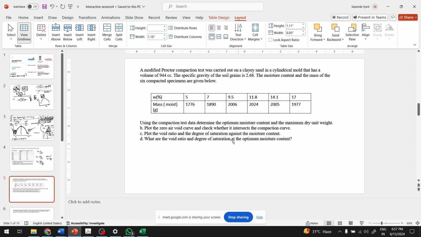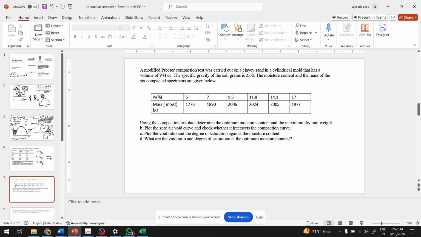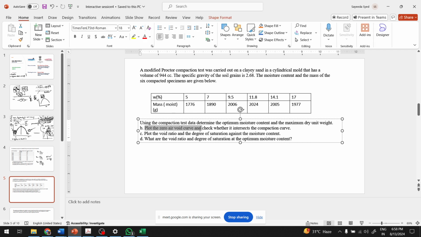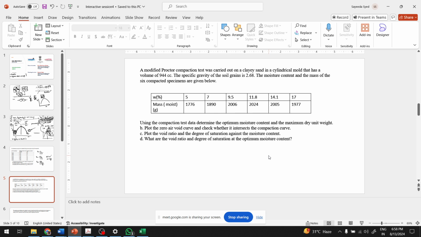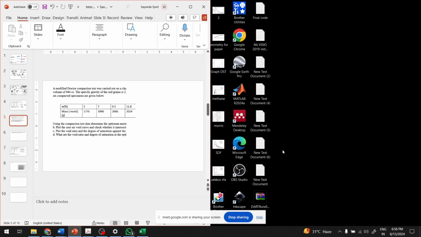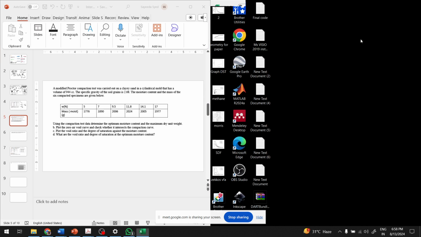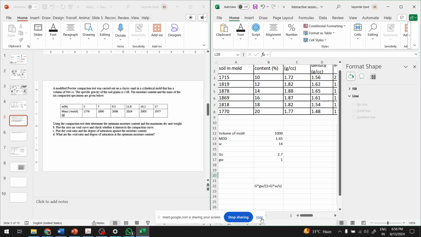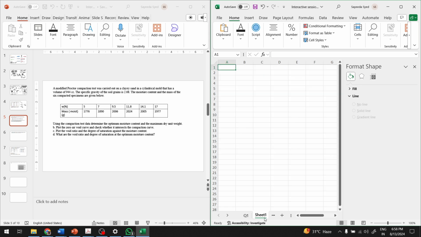Plot the zero air void curve and check whether it intersects with the compaction curve. So first we need to draw the compaction curve for this. Let's do that. So this is our question 2.